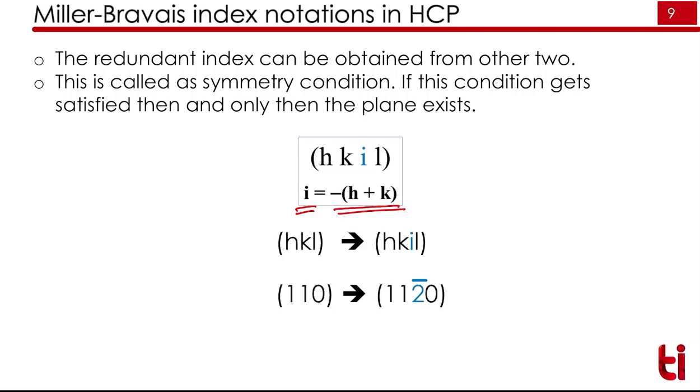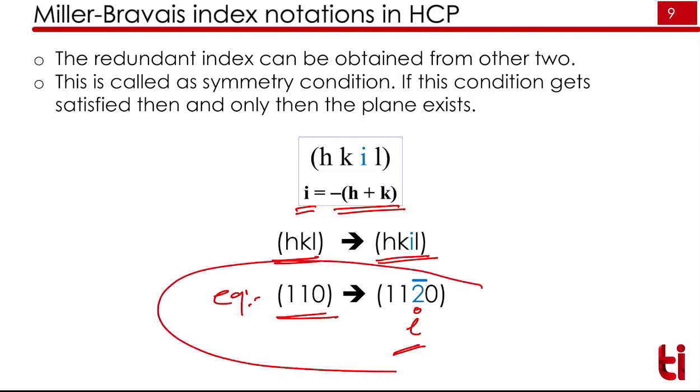Whenever you are given Miller indices, whether they are in the form of HKL or in the form of HKIL, for example, if you are given Miller indices 1, 1, 0, you can always find out the redundant or imaginary Miller index by using minus (H plus K), and this is called the symmetry condition.